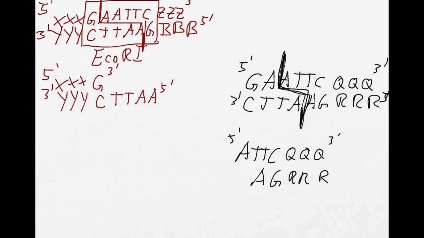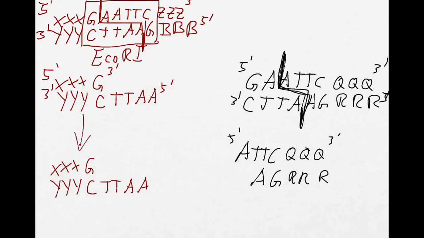And now what we do is we take this fragment and try to put that into our sequence. And we check whether this is a match. So what we get is X, X, X, G, Y, Y, Y, C, T, T, A, A. So that's this one here.